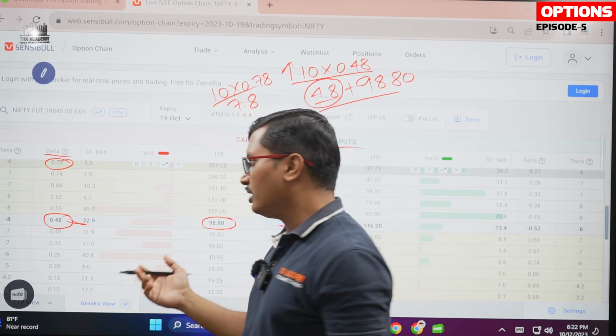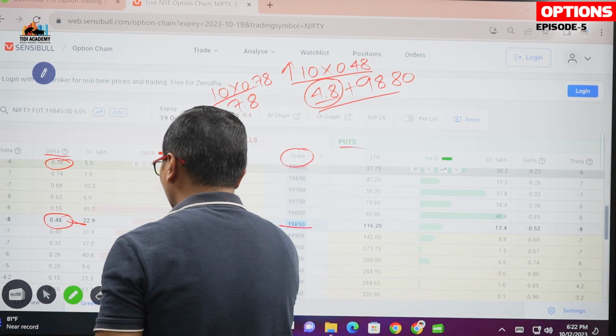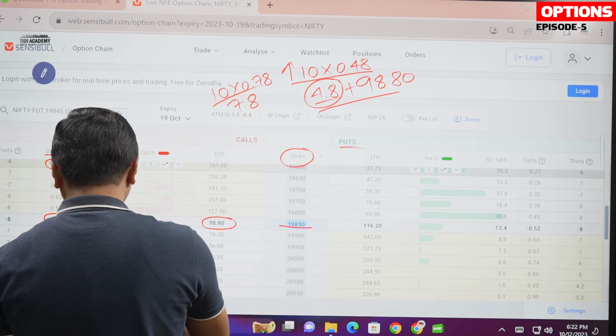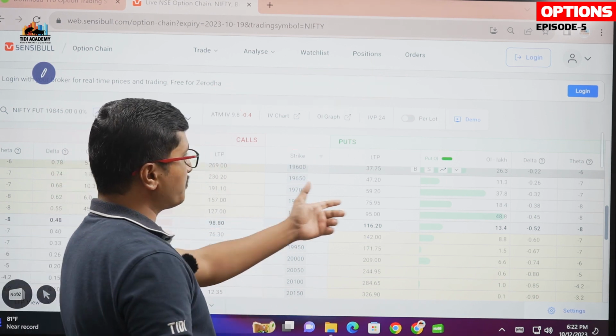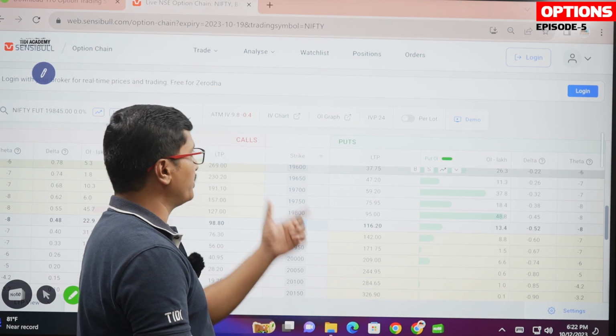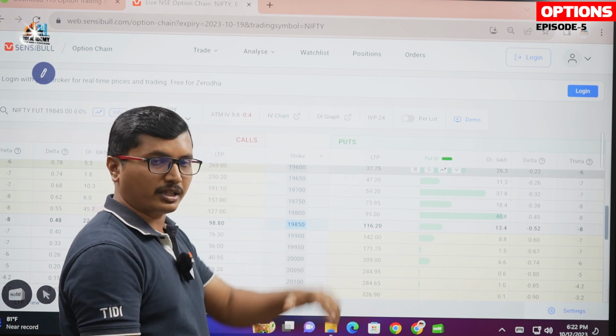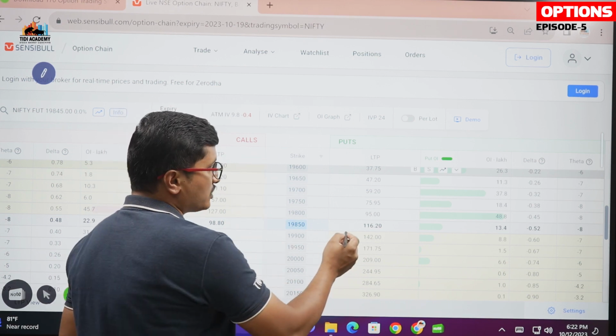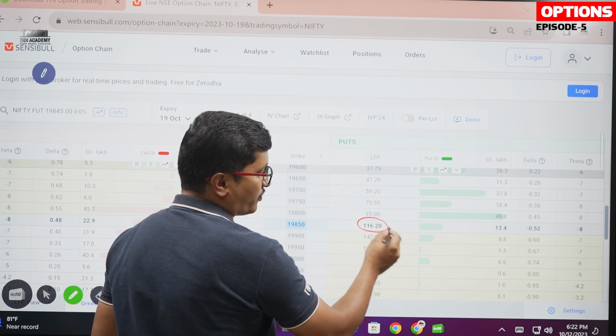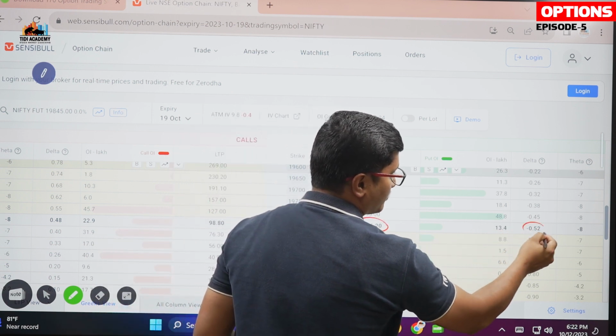In the same way, when you go to put options. When the market is bearish we go for put option buying, and when the market is bullish we go for call option buying. Here also, as you can see, the LTP and delta.